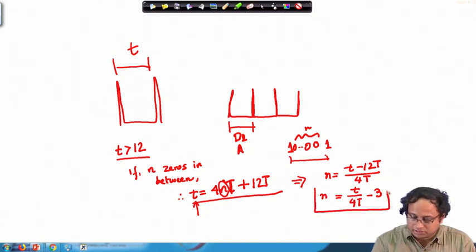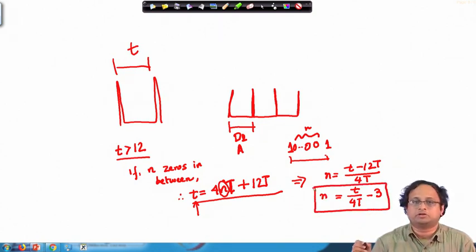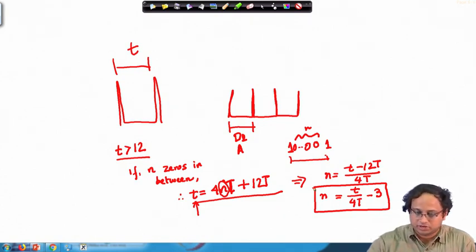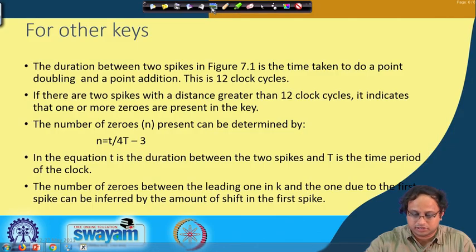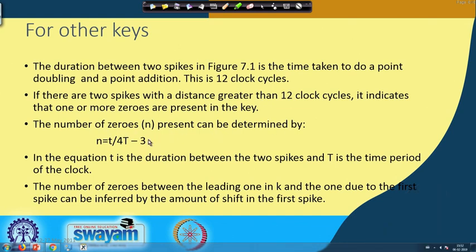This is the simple equation that we will adopt to get the number of zeros in between. So now let us get back into our presentation and see that this is the formula we use: n equal to t by 4T minus 3. This gives me the number of zeros present between two ones.